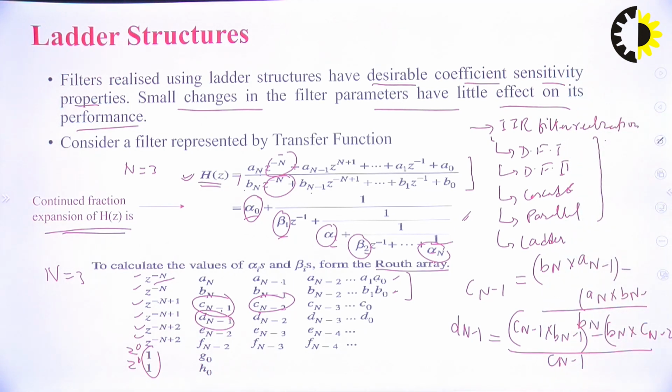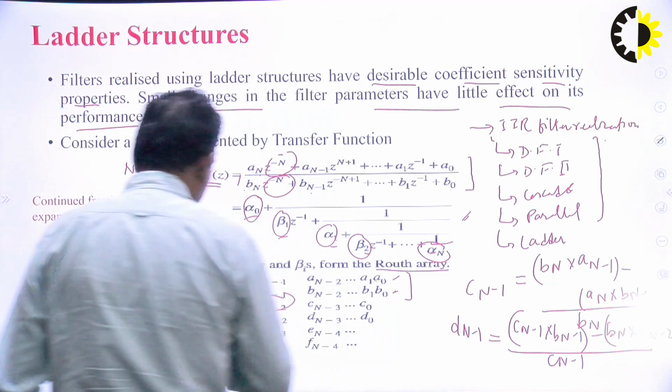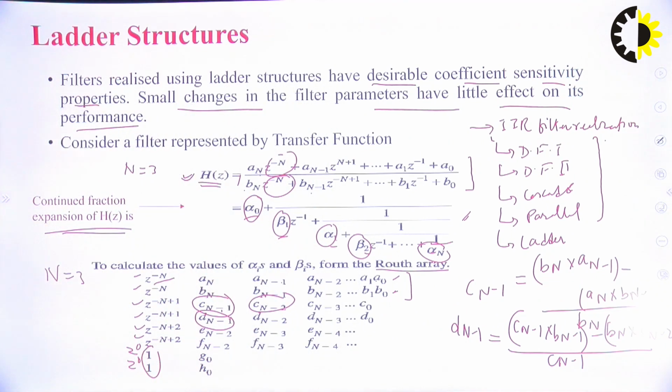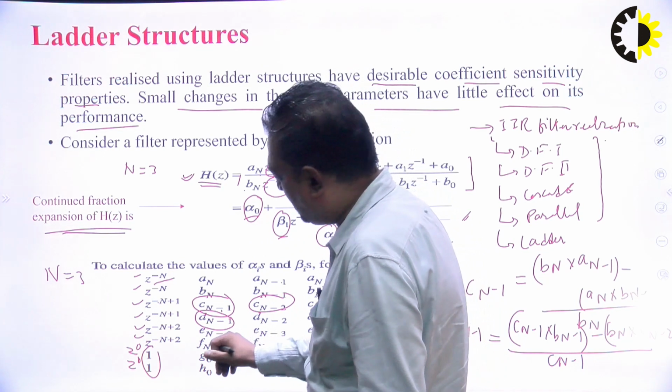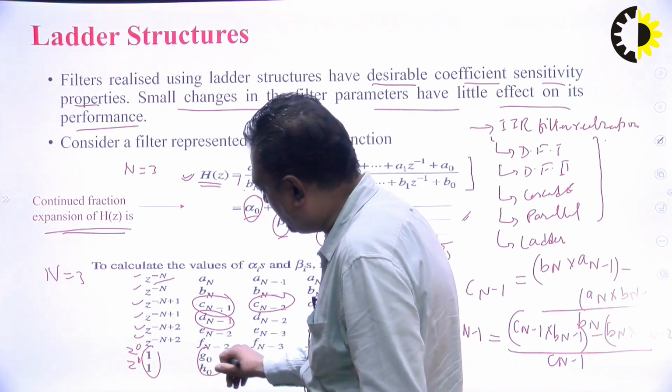This is the generalized form. We will complete the Routh array like this, and then Cn, then Dn, then En, then Fn minus 2, all these values can be calculated until we get the 0 values correspondingly.